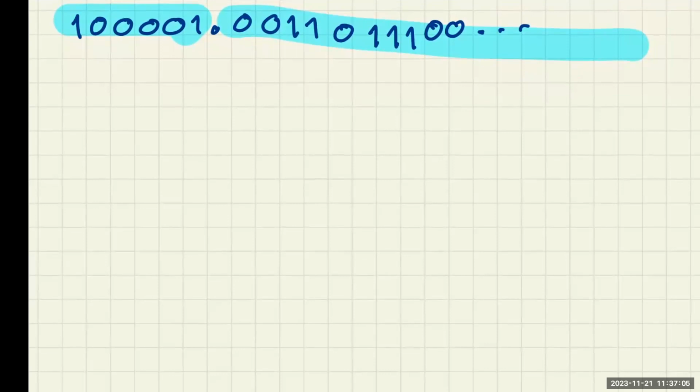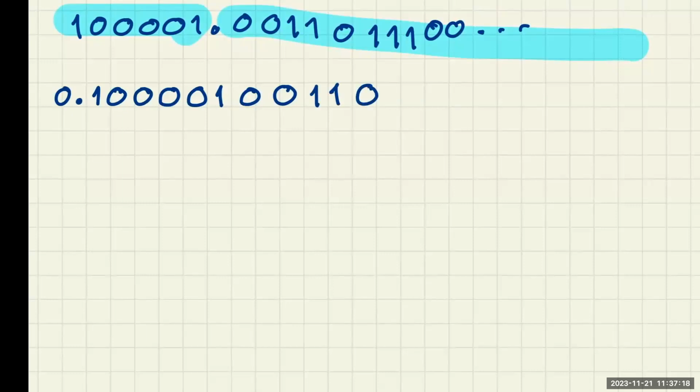So it's going to be 0.1, 0, 0, 0, 0, 1, 0, 0, 1, 1, 0, 1, 1, 1, 0, 0.